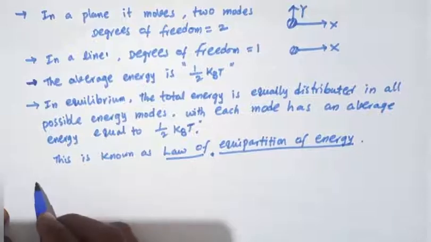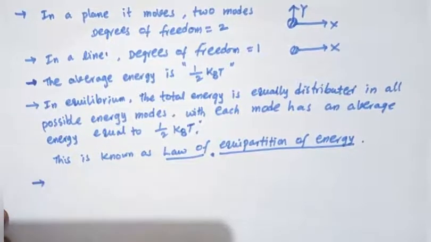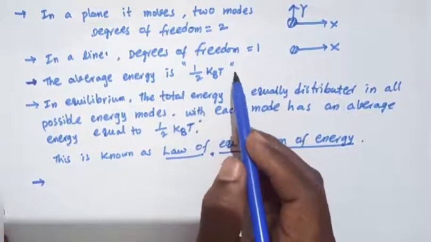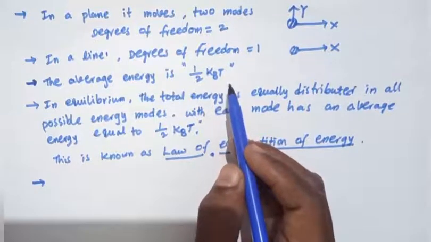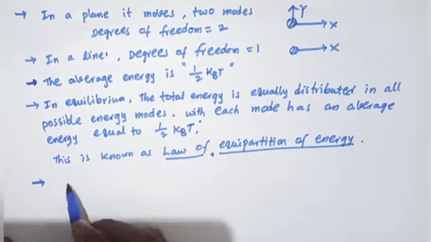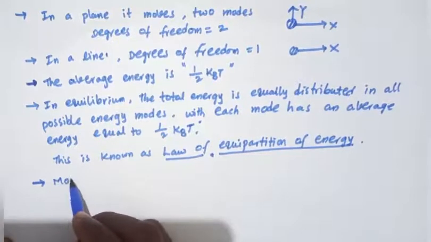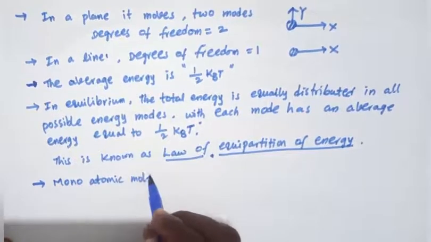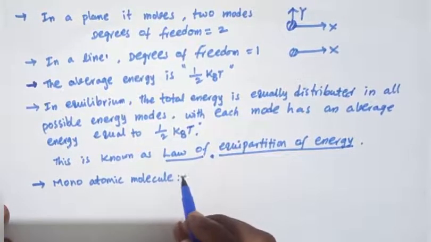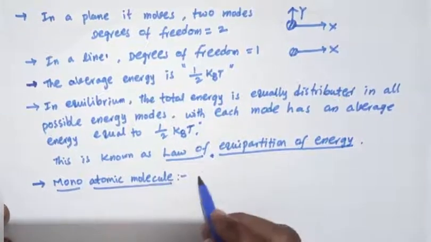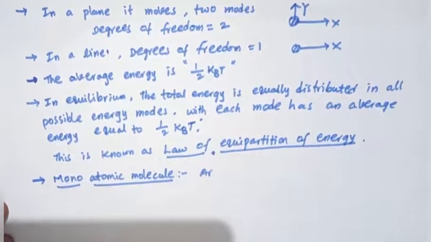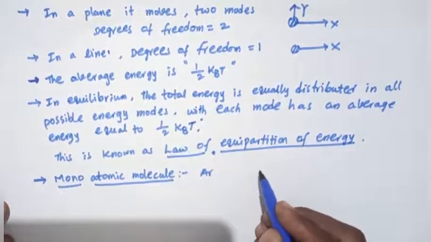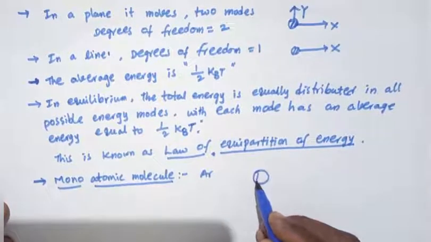We can discuss the degrees of freedom for monoatomic, diatomic and triatomic molecules. First, the monoatomic molecule. For example, we consider argon. Argon gas is a monoatomic molecule.